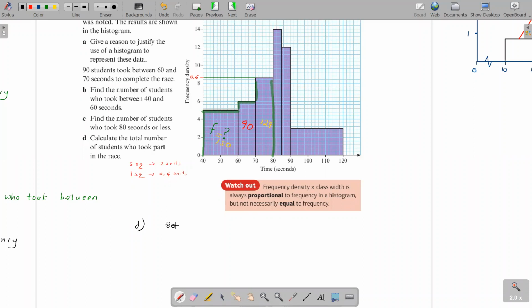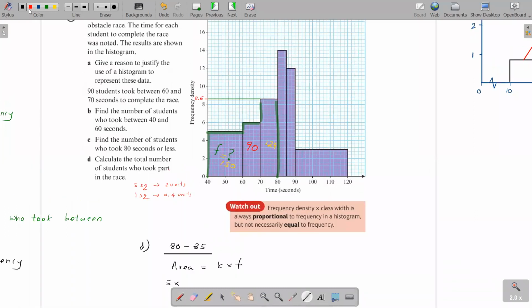Let's go from the 80 to 85 bar. You can see I'm doing this properly, naming exactly as I go. Area equals K times frequency. Area, length into breadth: 80 to 85 means the width is 5 here. And the height, how much is the height? This needs to be found properly. I think you can see it is exactly 14.